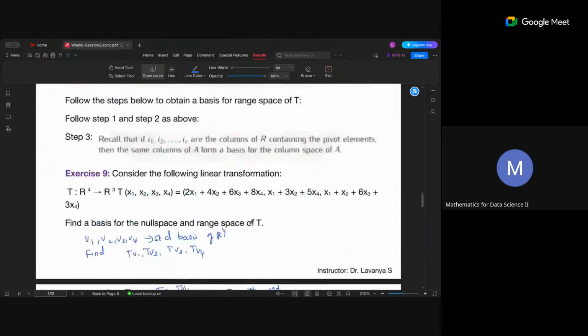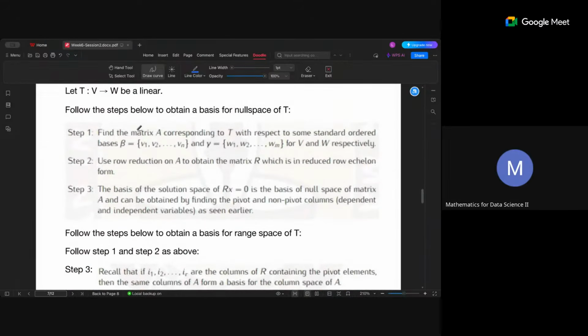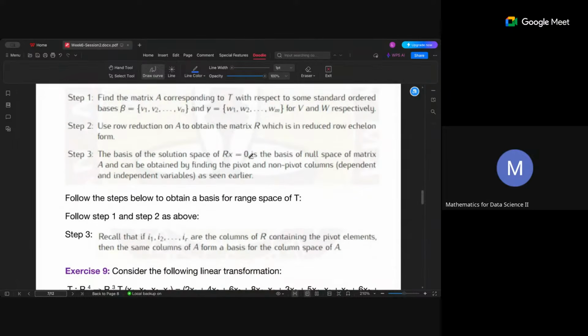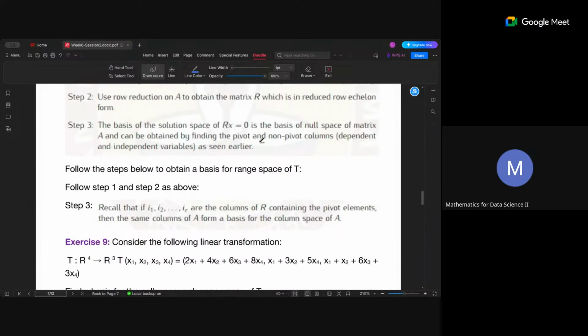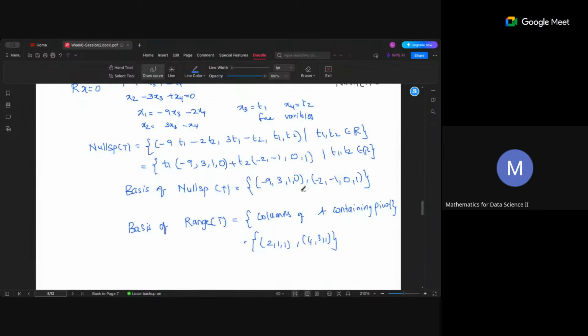So what are the steps we have seen? First, find the matrix A with respect to the standard basis for both domain and codomain. Second, find the RREF form of the matrix. Third, find the solution of Rx equal to 0, and from the solutions we find the basis for the null space.